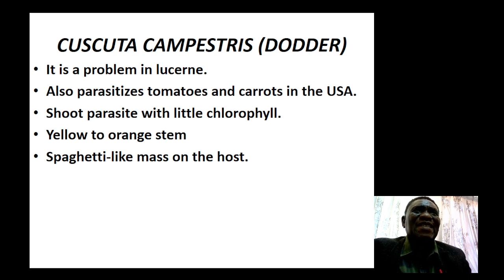However, it has been parasitizing tomatoes and carrots in the US, even at grasslands at Horticultural Research Center. It was also found to be parasitizing horticultural crops. The shoot parasite has little chlorophyll. The stems are yellow to orange, and like I said, it looks like spaghetti.